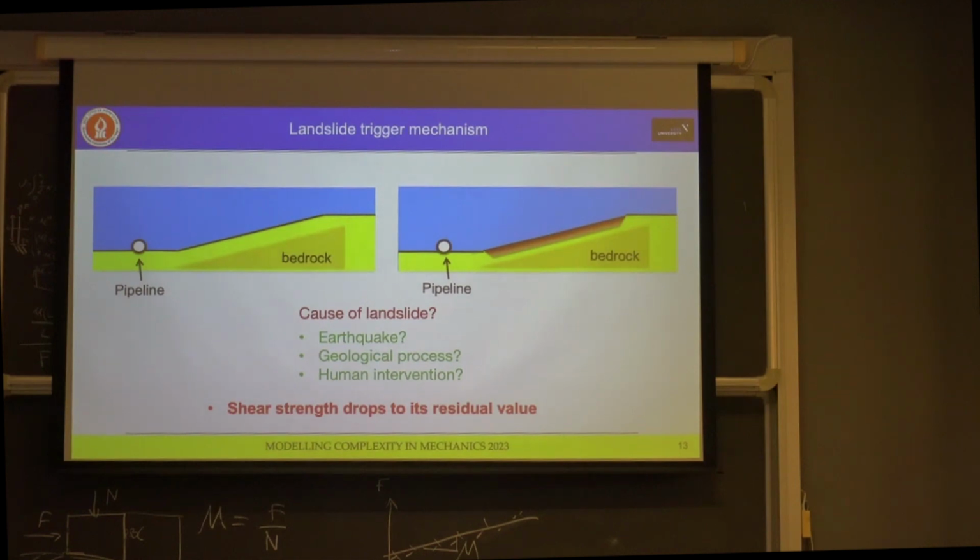We can have it because of the earthquake itself, when it makes some strike slip fault to the seabed or something like this. But here we are talking about the landslide, which also may cause a tsunami, but it's triggered usually by earthquake. On the other hand, it can be a geological process or some human intervention.